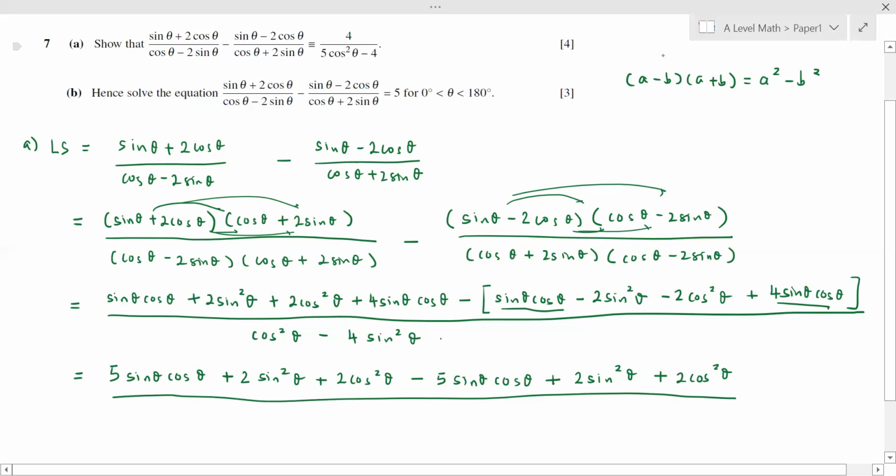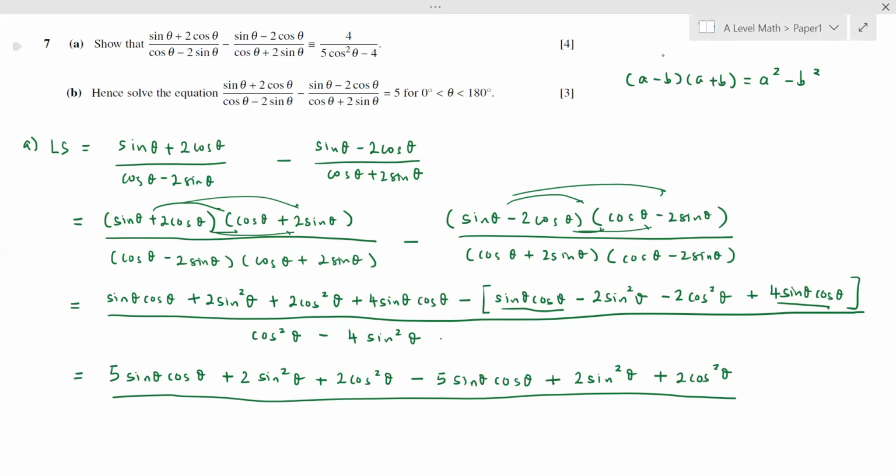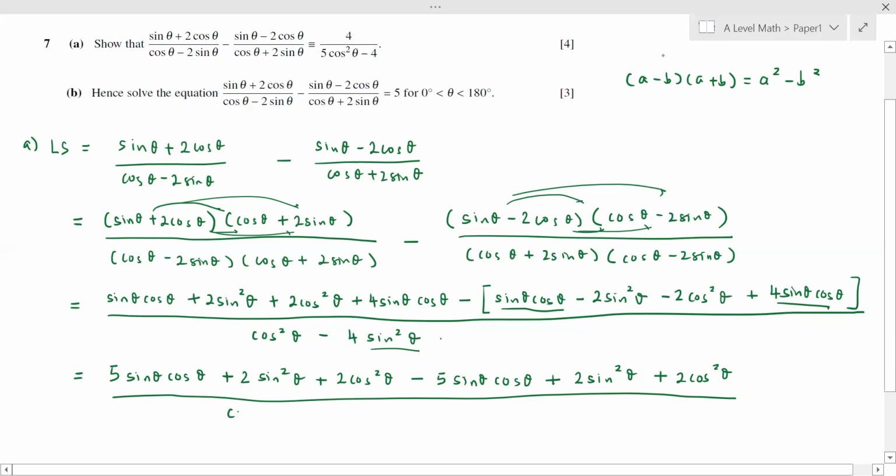Let's look at this. In the original question, the denominator does not have a sine term. So we need to get rid of this sine square using the fundamental identity of trigonometry, the first identity here. So sine square is 1 minus cos square.